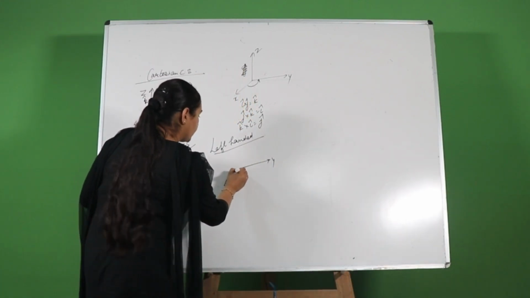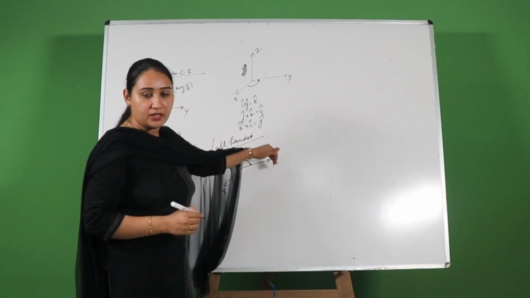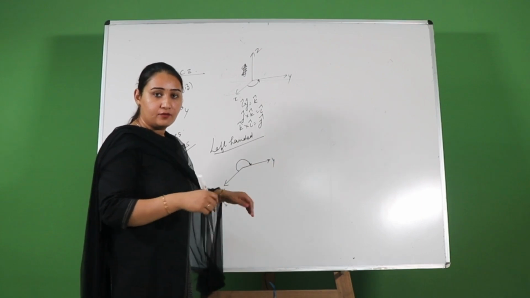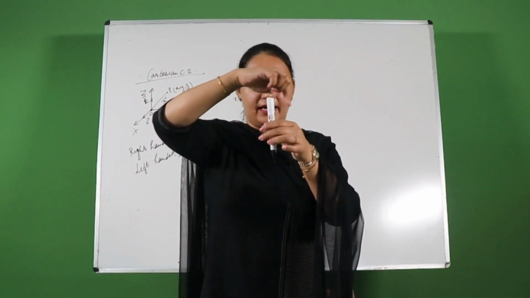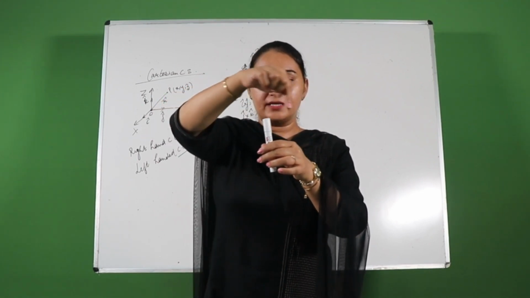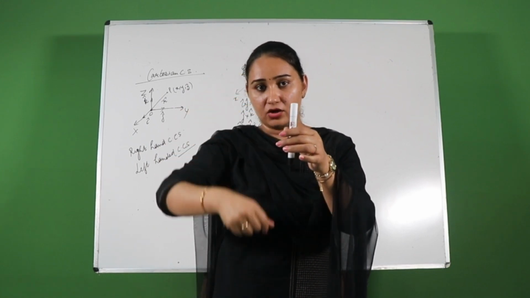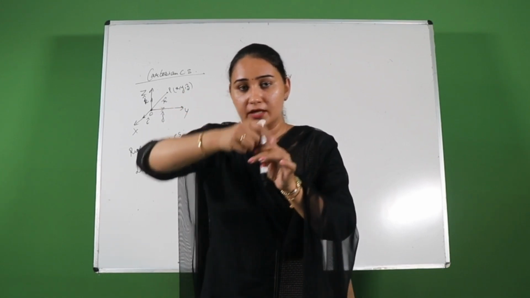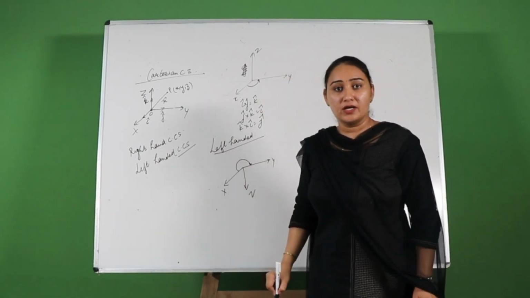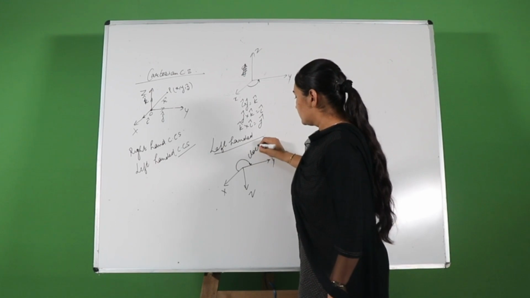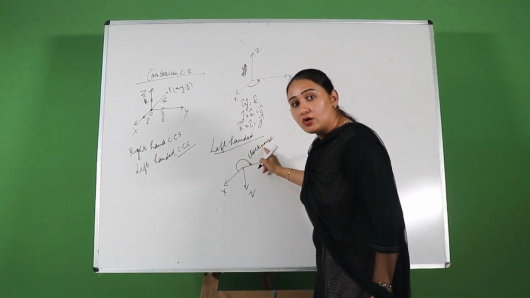If I rotate it like a screw from x to y in a clockwise direction, it means it is going down. The screw will get closed. So it is going down. It means my z direction will be in the downward direction. This is my clockwise rotation. In the left-handed system we have to go with the clockwise rotation.